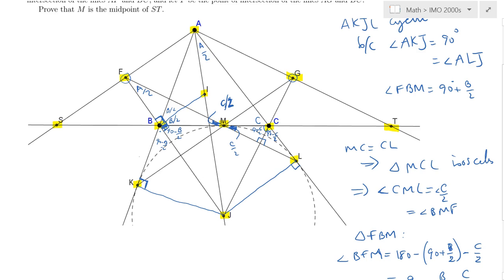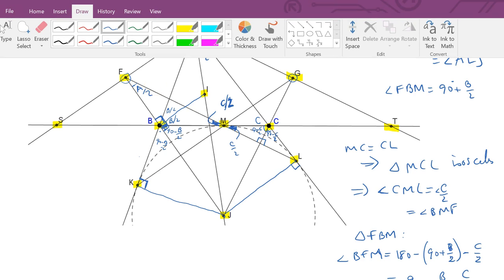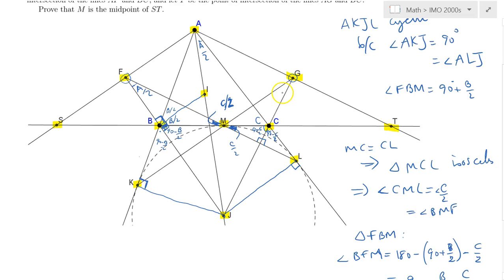So as a result, knowing that A, K, J, and L are on a circle, F must also be on that circle because it subtends the same arc as this one, J, A, L, and they both measure A over 2. So that's perfect. F is on that circle, and by a similar reasoning, you can also prove that angle KGJ is also A over 2.